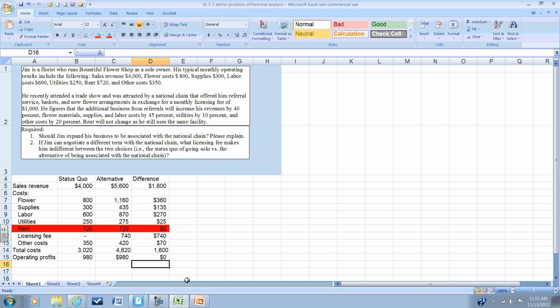So we would look to negotiate a licensing fee of $740 or less to maintain our current profitability. Obviously, we would try to go below 740, but we would use this differential analysis to determine whether we should accept or reject this alternative strategy.